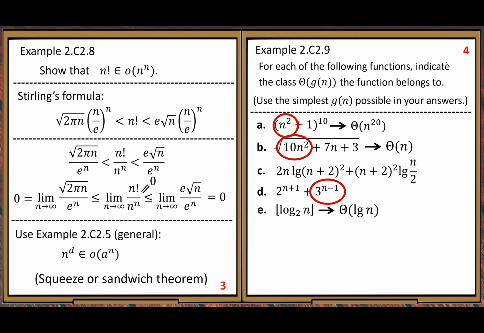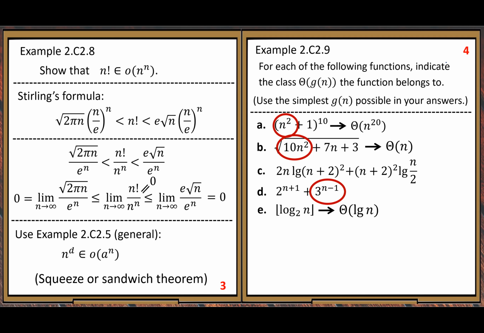This one has two exponential terms, one smaller and one larger. When we determine the order of growth, we take the larger exponential term. Comparing 2 to the n plus 1 and 3 to the n minus 1, the base 3 term quickly dominates the base 2 term.